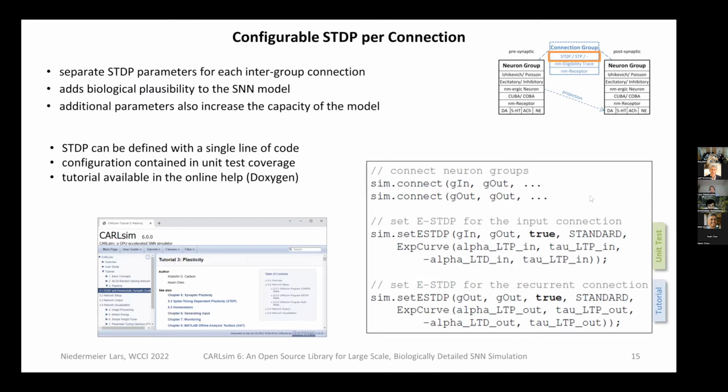The two connections both go into the output group. In the new implementation, we could specify different STDP learning curves for these two connections with different parameter settings. With these additional parameters, our network is able to approximate any function more closely, and that also adds biological plausibility to the SNN model.